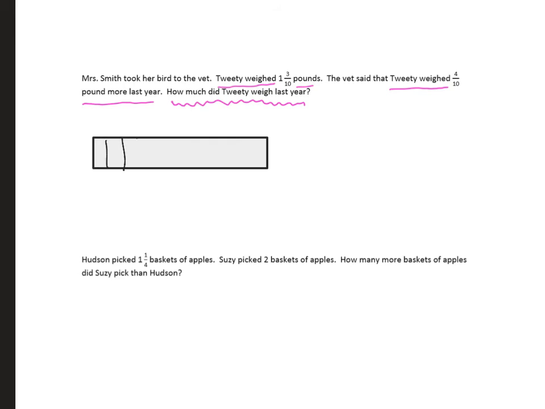1, 2, 3, 4, 5, 6. Okay. So, and then I know that 1 whole is 10 of them. Okay. So now I have 1 3/10, and that's how much Tweety weighed this year, I'm sorry.